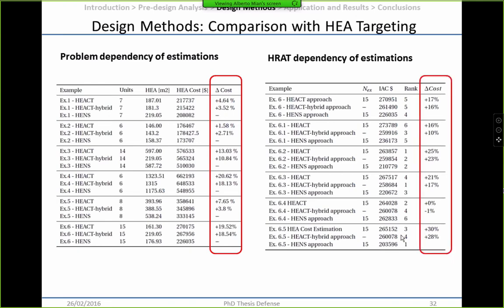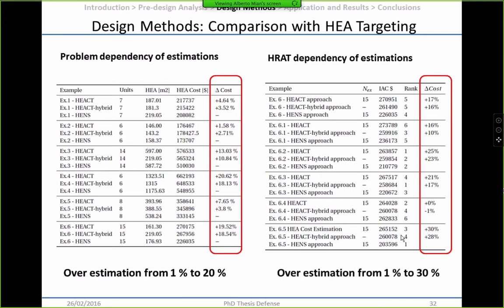Again, with respect to a heat exchanger network synthesis approach, we are overestimating this time not only from 1 to 20, but from 1 to 30% total cost. What does it mean? This means that on the surface I was previously considering maybe not be followed by this optimization algorithm.